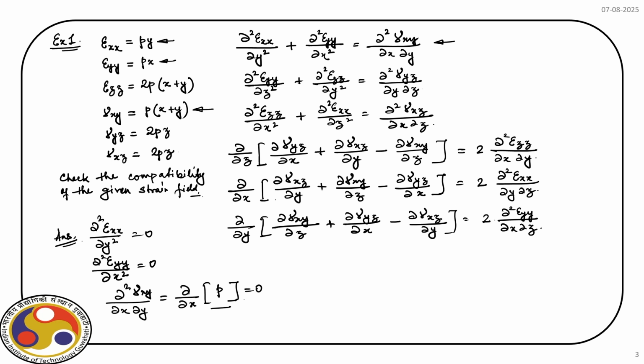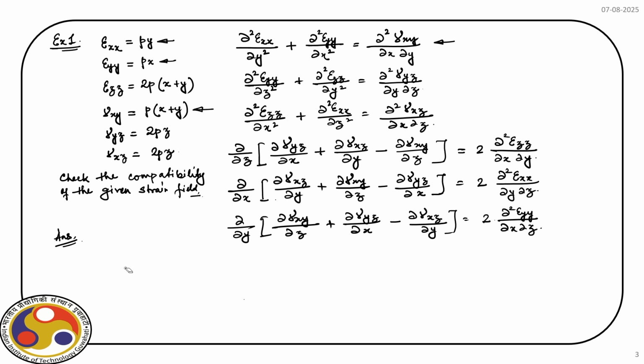Now, let us try other conditions. First condition satisfied. So, let us put a green mark. Let us try with this one. Again, epsilon yy, if we differentiate twice with respect to z, this is 0.